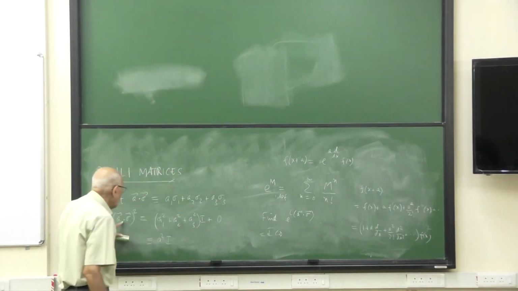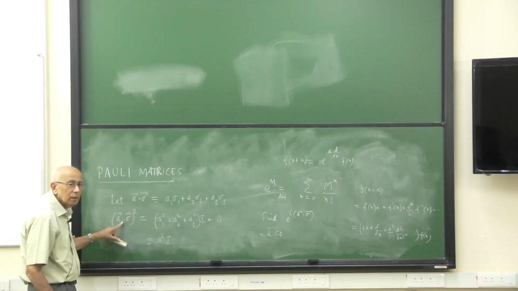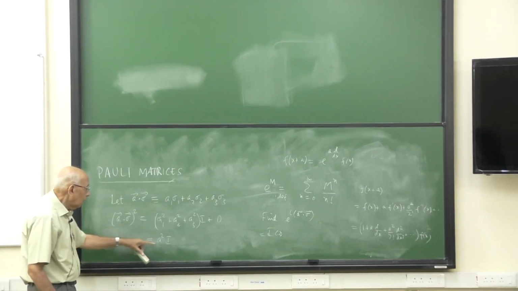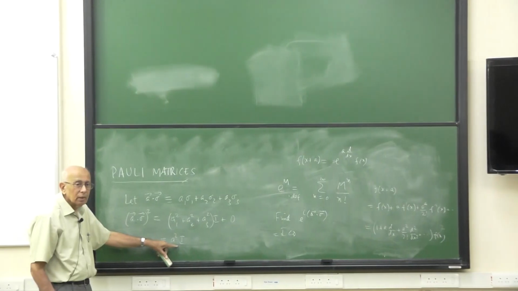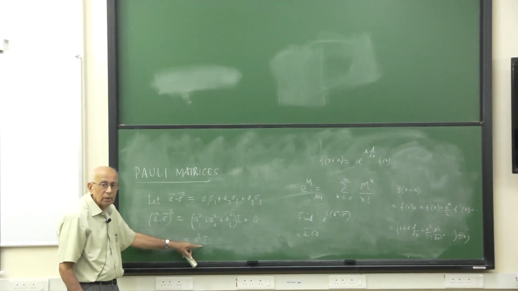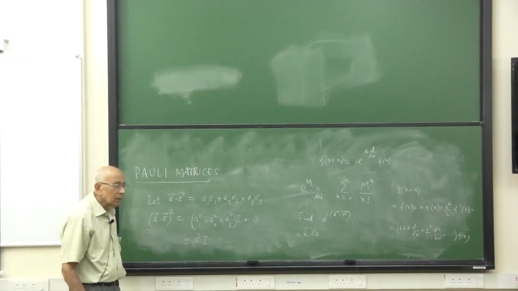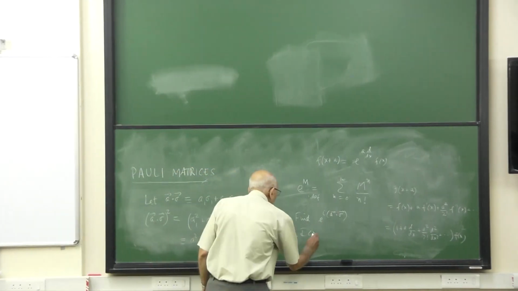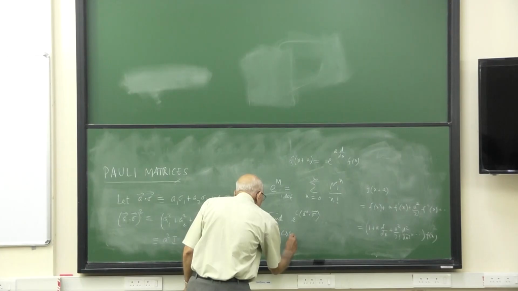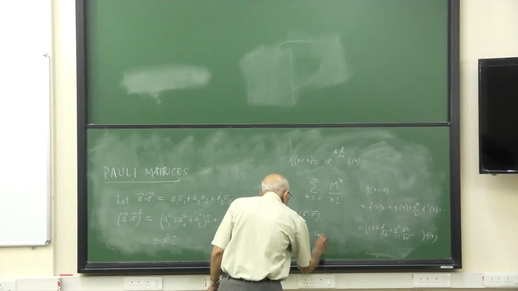What is a dot sigma whole cubed? A dot sigma times this. But this I doesn't do anything. So it's a squared times a dot sigma. So this will turn out to be I cos A plus i times sin A by A times a dot sigma.